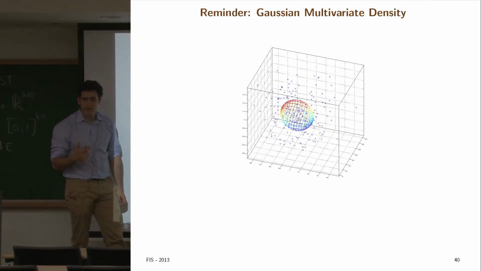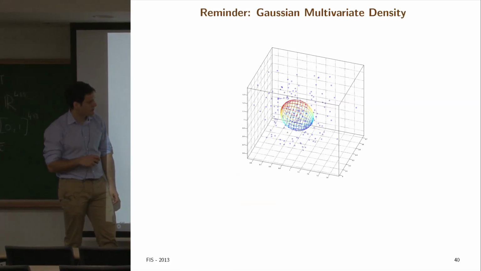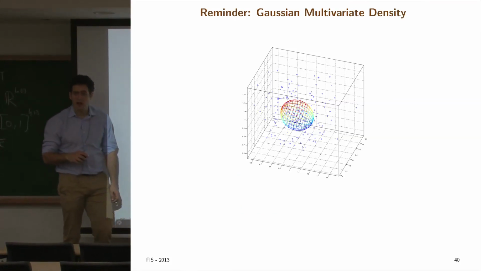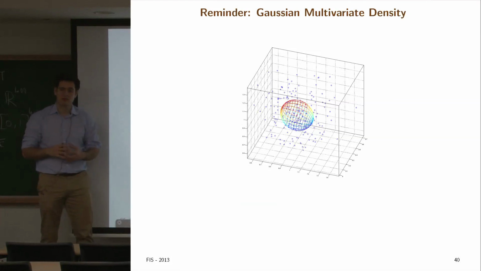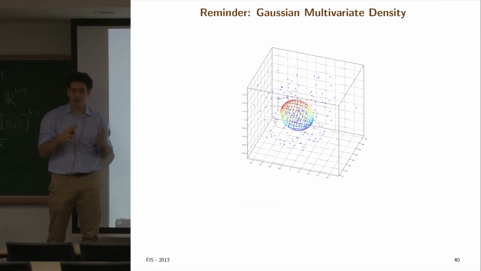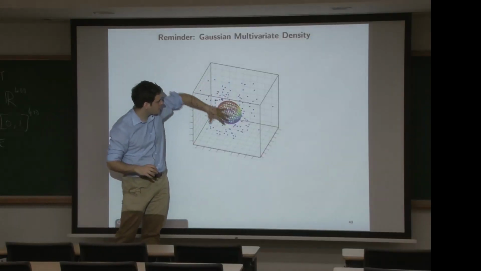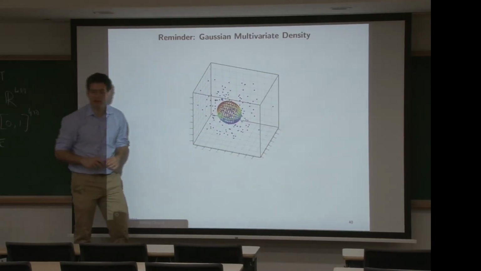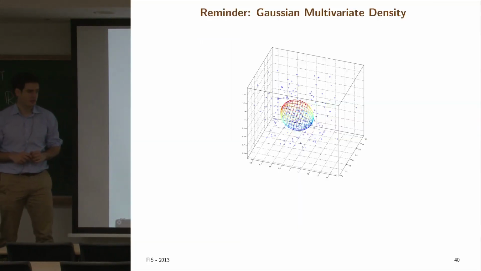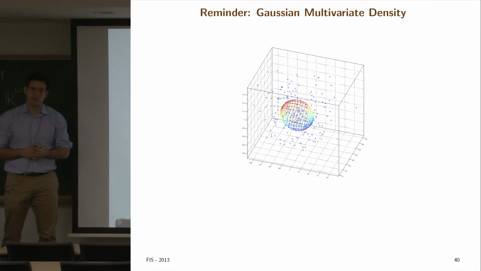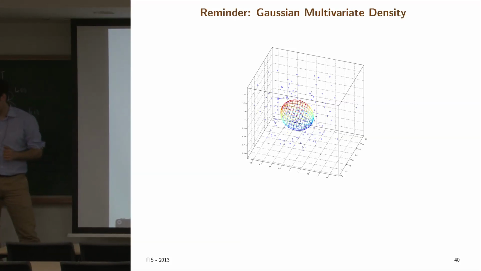I have represented the positive definite matrix sigma as an ellipsoid, because you can represent such matrices as ellipsoids. It tells you the directions where those vectors will be concentrated. And then you have samples from that distribution. If you're not very familiar with this distribution, I encourage you to double check it.